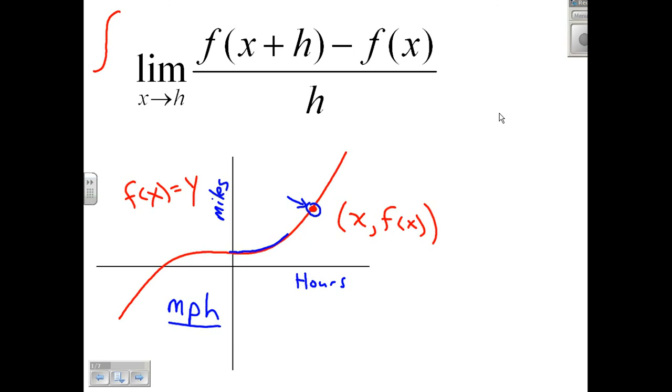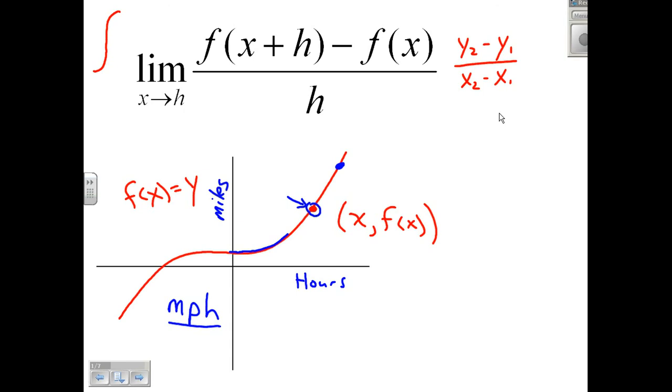Well, all we know about slope so far is that we can take a y coordinate minus another y coordinate and put it over the corresponding x coordinates, and that's our slope. The problem with that is I only have one coordinate, and I know if I choose another point on the line, say right here, I now have two coordinates, and I could go ahead and find the slope of those.